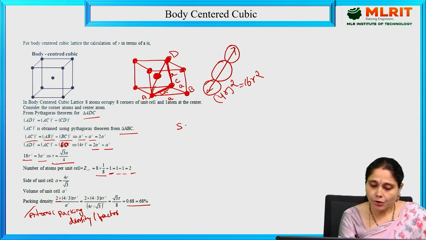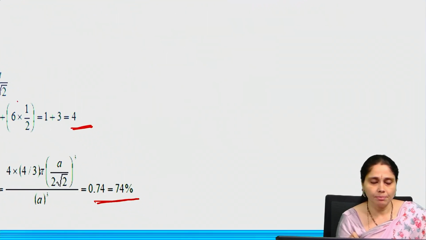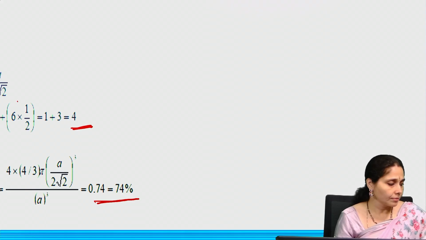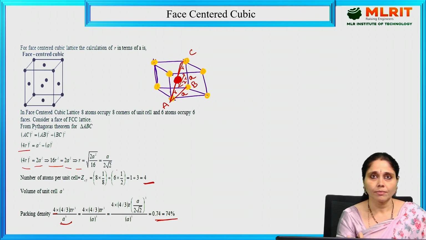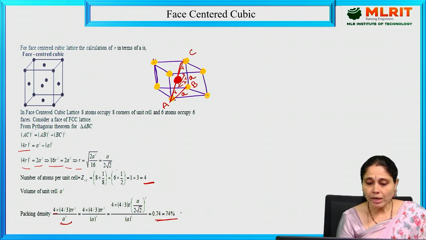So simple cubic occupies 52%. As we can see, simple cubic occupies 52%, body centered cubic occupies 68%, and face centered cubic occupies 74%.